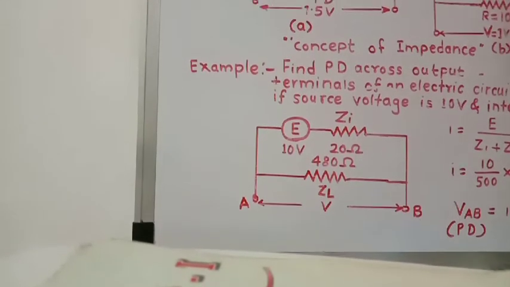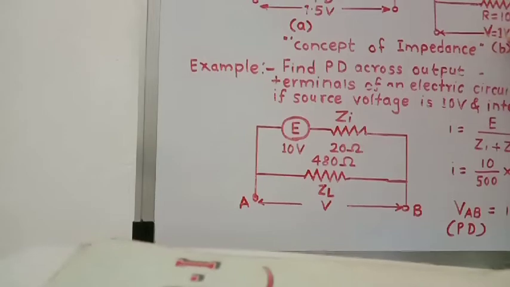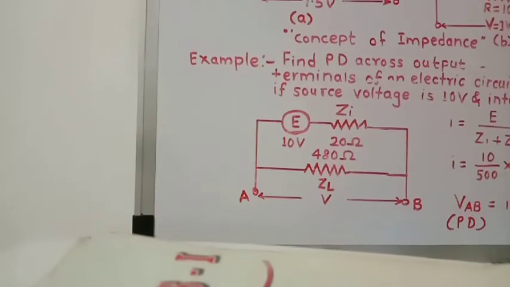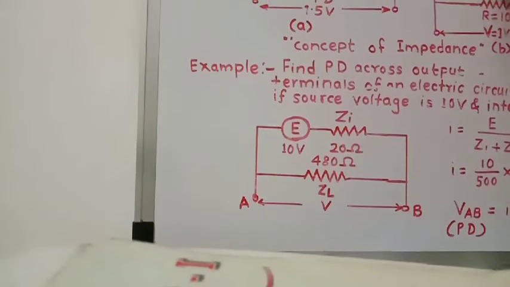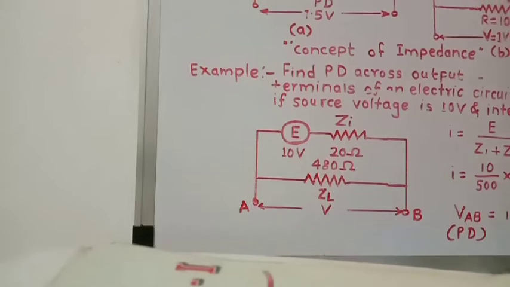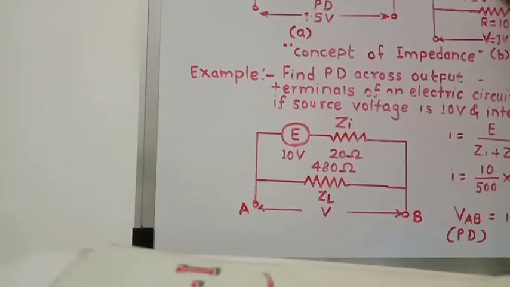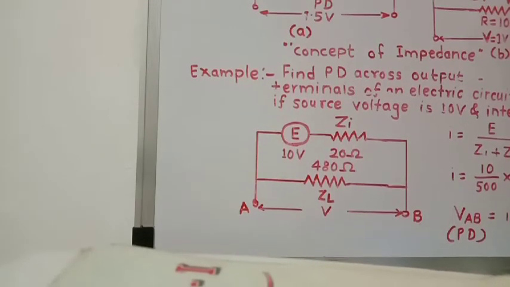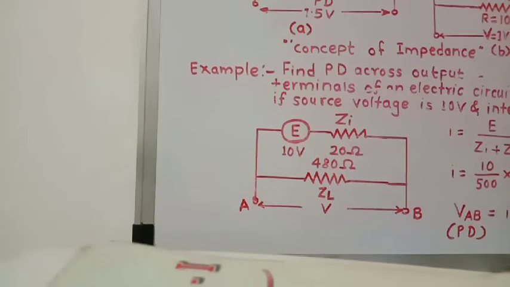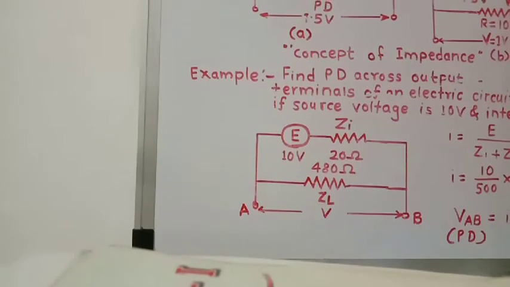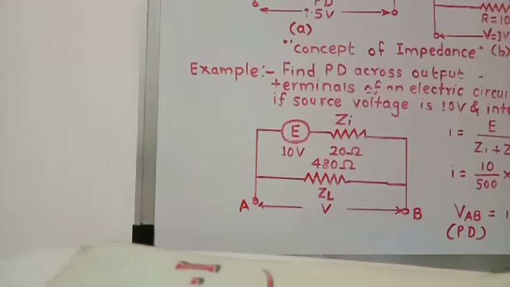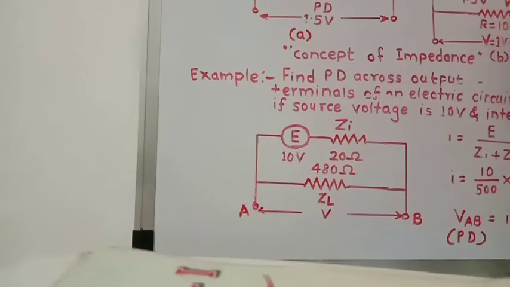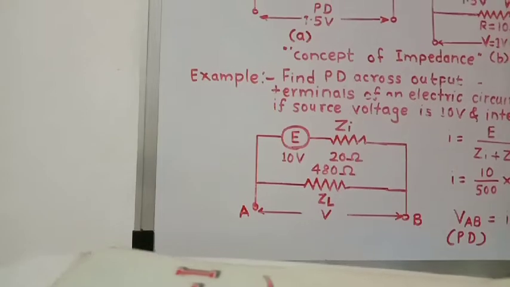So instead of 1.5 volt, we are getting here 1 volt, and it is due to the internal impedance of the source. This internal impedance of this cell is 5 ohm. Okay, and 0.5 volt drops across this r. So we do not get 1.5 volt. So instead of 1.5 volt, we get phi is equal to 1 volt.